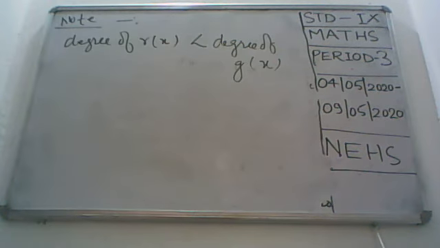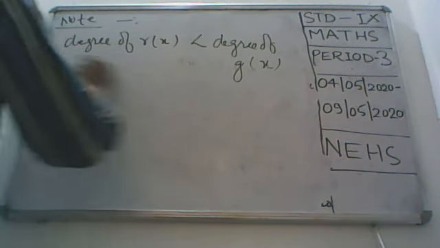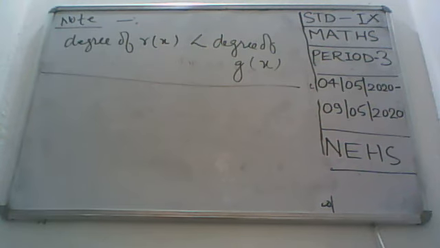Always remember, the degree of Rx should always be less than the degree of Gx. This is a very important thing that you should keep in your mind while doing this division algorithm.